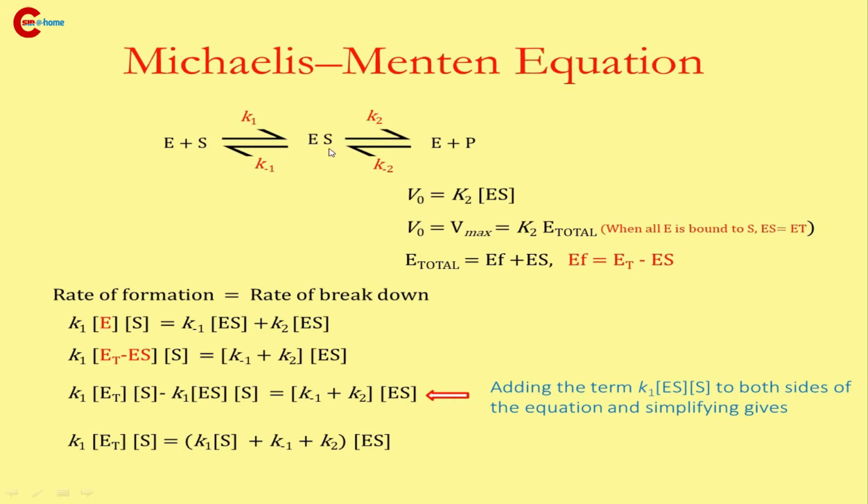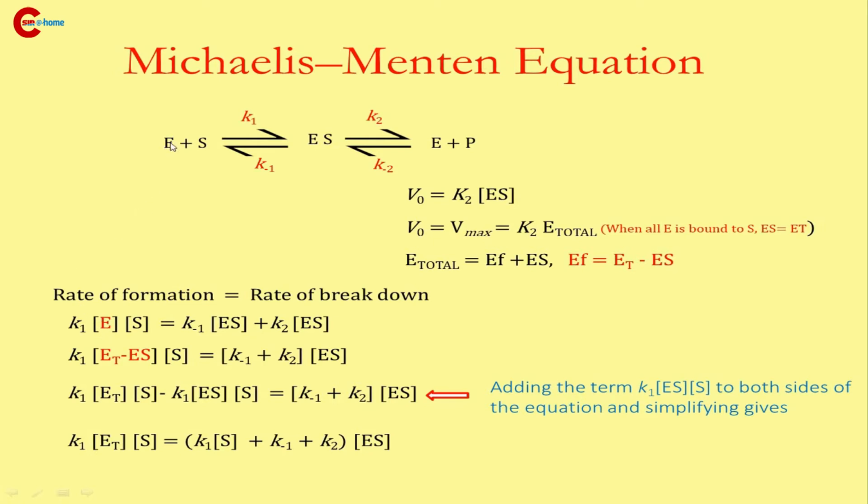So two reactions here for breakdown. First, K minus 1: the enzyme-substrate complex dissociates back into enzyme plus substrate, that is K minus 1 into ES. ES is the reactant here. Plus K2, the rate constant of product formation, K2 into ES.